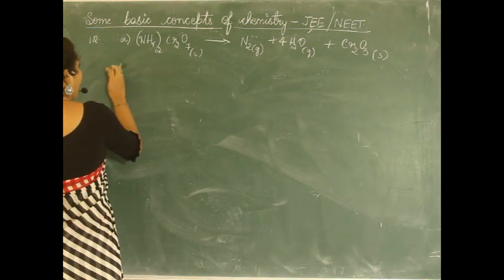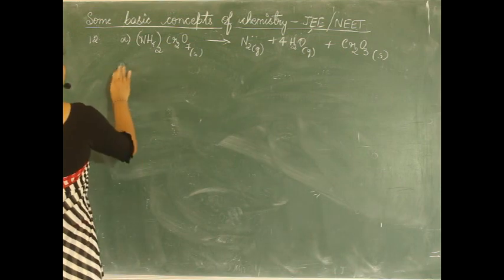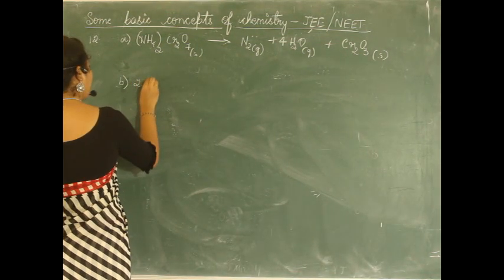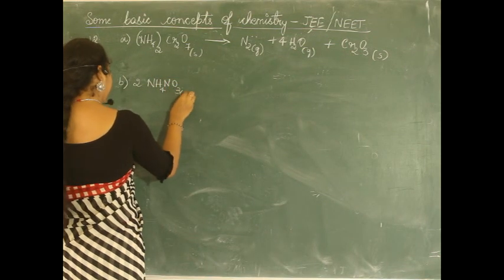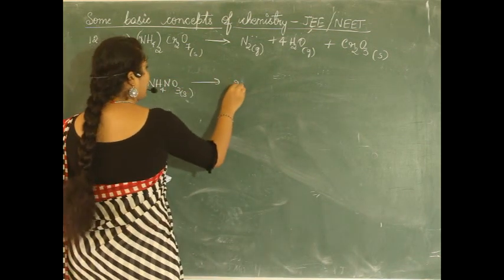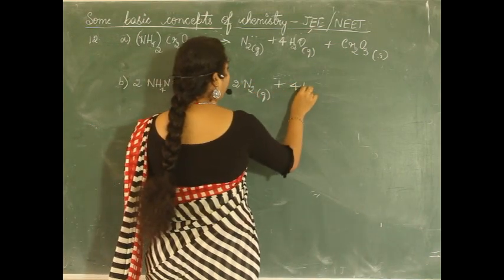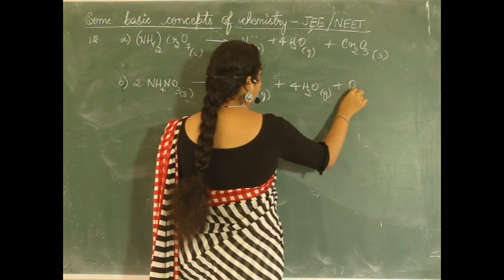The second option is, let me give some space because I'll be calculating there itself. In the second option, it's given 2NH4NO3, ammonium nitrate, gives 2N2 plus 4 H2O plus oxygen.